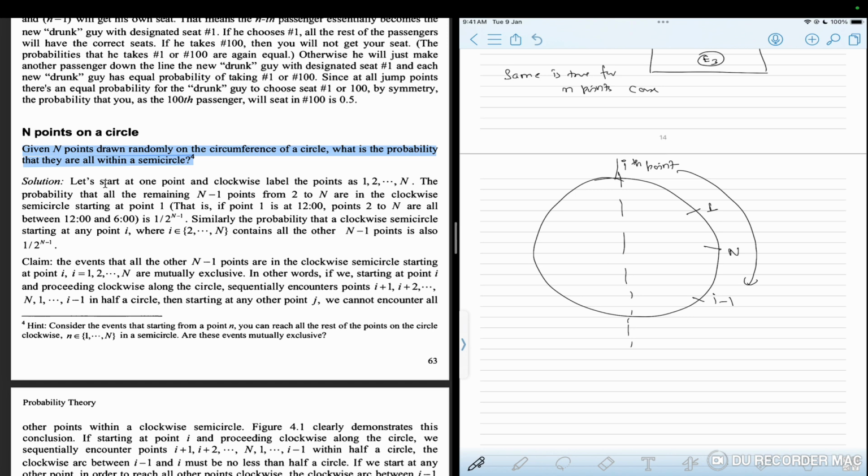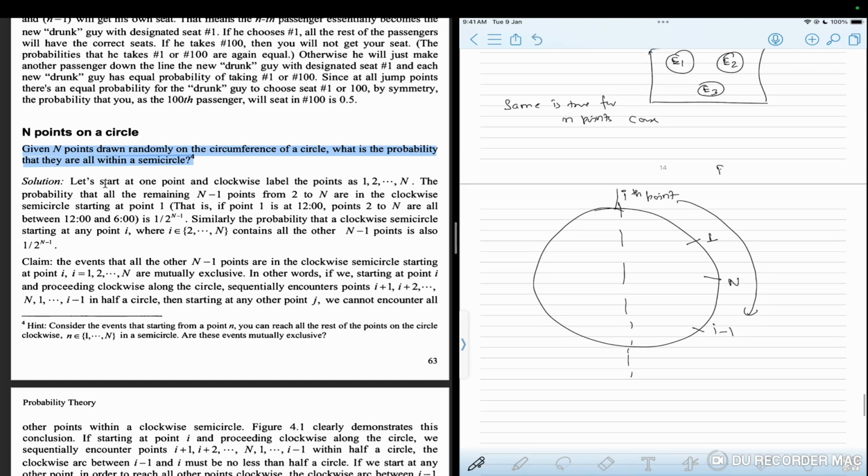So this is event i, where the ith point is the semicircle start point. Now if I keep the points as they are, and move the semicircle start point to, let's say, point 1, this is event 1. I have kept the points as they are, but I have just moved the semicircle start point.